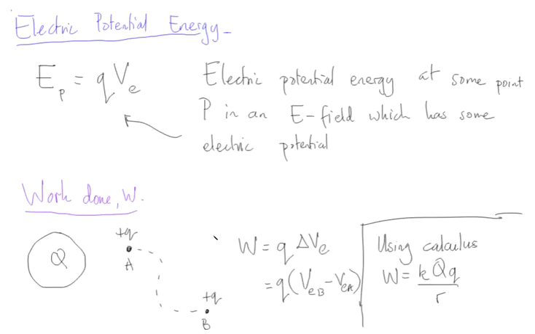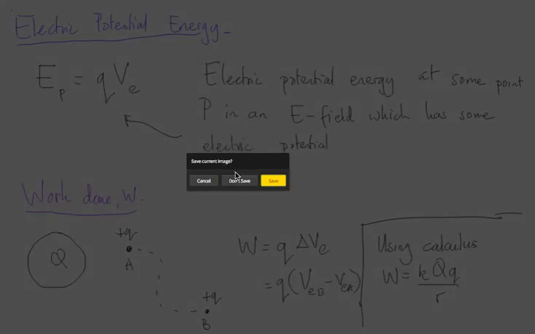Lastly, in this video, we're going to talk about the electric potential for a charge on a sphere. Right now we've been talking about point charges, but what's the difference if you have a charge on a sphere? Let's have a new slide.